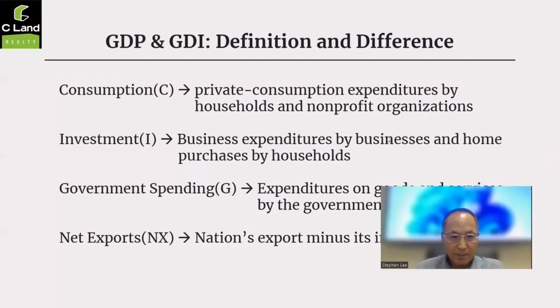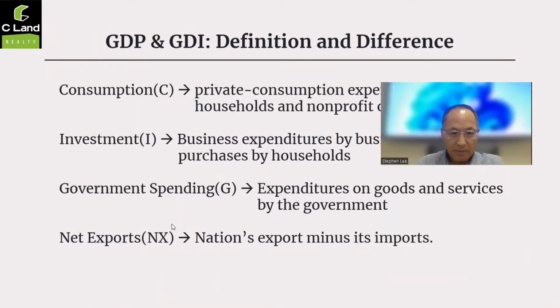And what about investment? We can imagine all the business expenditures by businesses and home purchase by household. So as I said, real estate investment will be included in this category, investment. You can imagine the scale of the money.